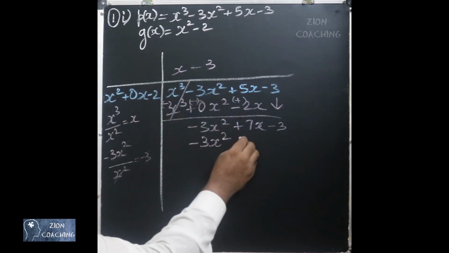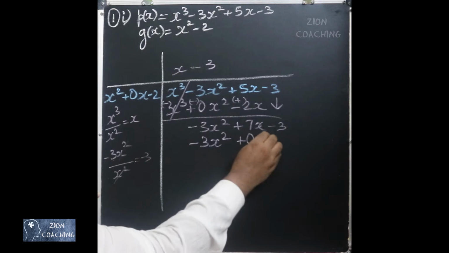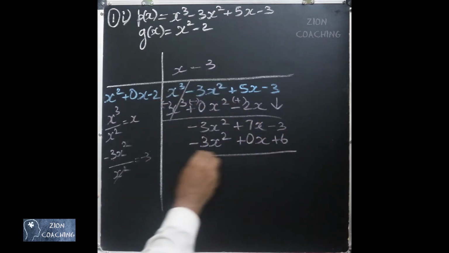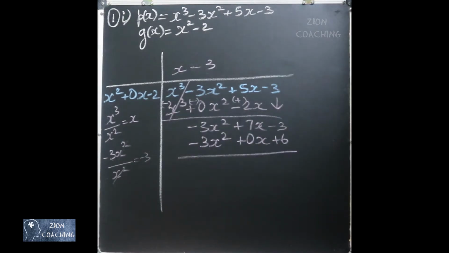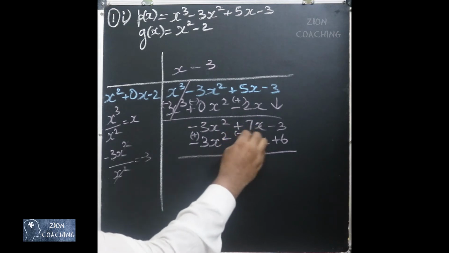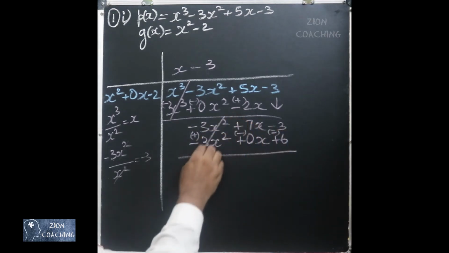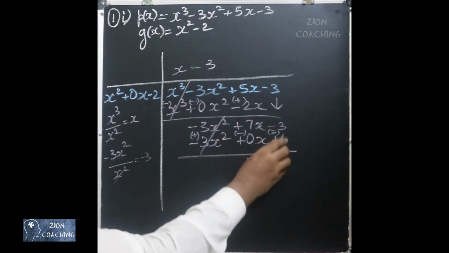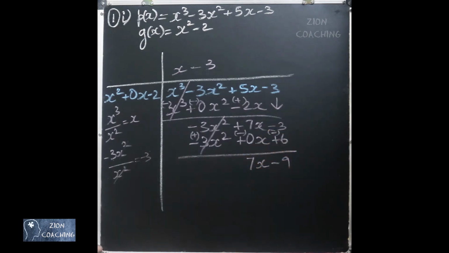Minus 3 into 0x is 0x. Minus 3 into minus 2 is plus 6. Now when you are subtracting, you have to change the symbol. This will get cancelled. 7x minus 0x is 7x. Minus 3 minus 6 is minus 9.